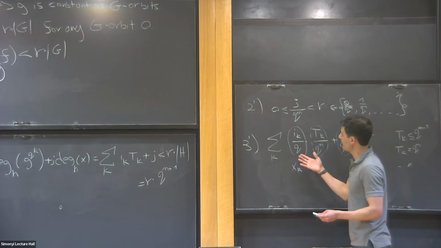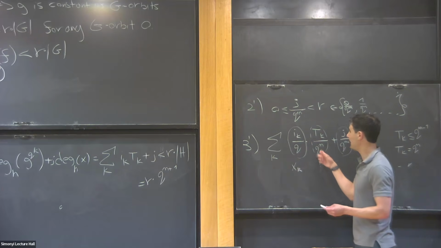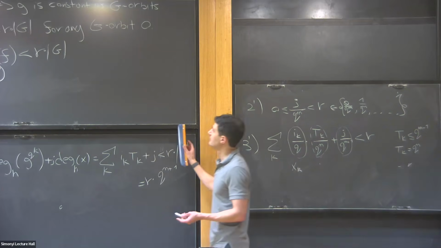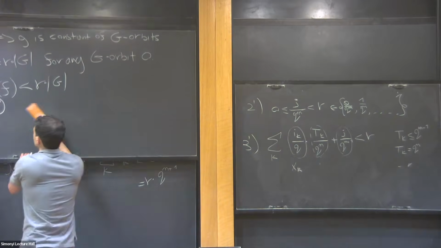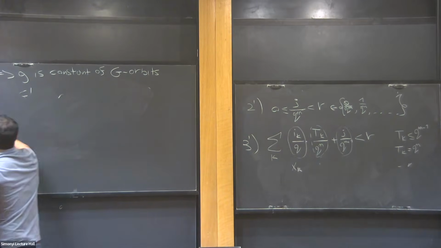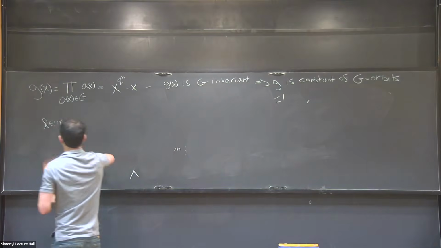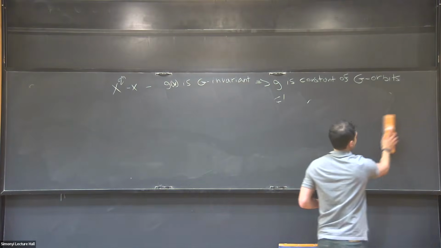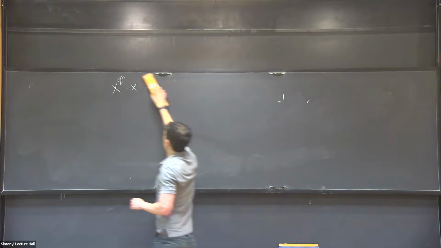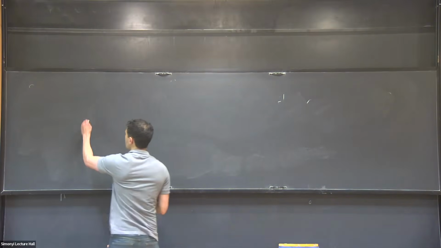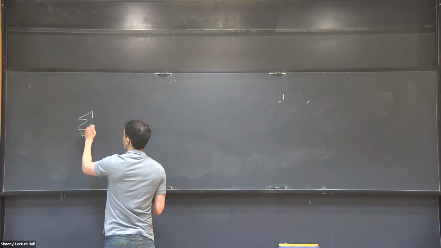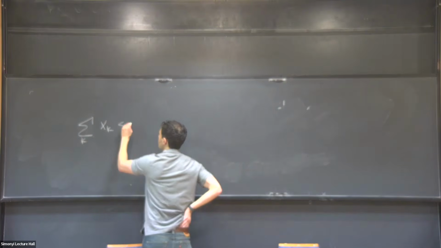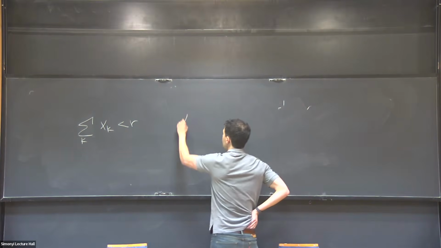And what I'm left with is the only case for which Tk equals Q to the n. So asymptotically, this is kind of hand waving, but you can make it more rigorous. You get the following inequality, the asymptotic version. When Q tends to infinity, you get basically some summation over K of xk less than R. And what do you know about xk?